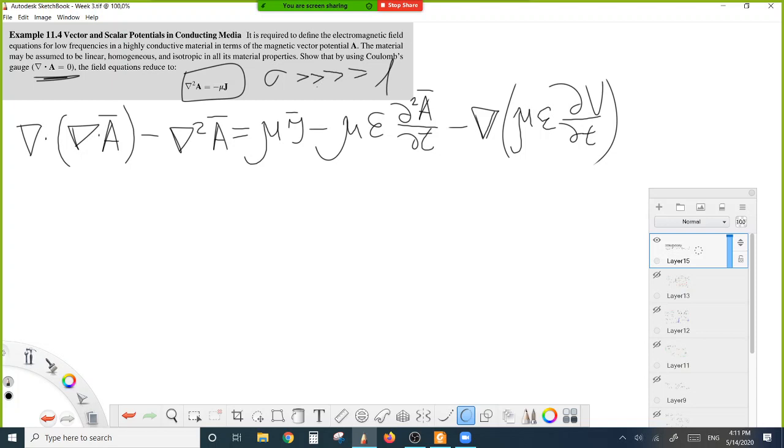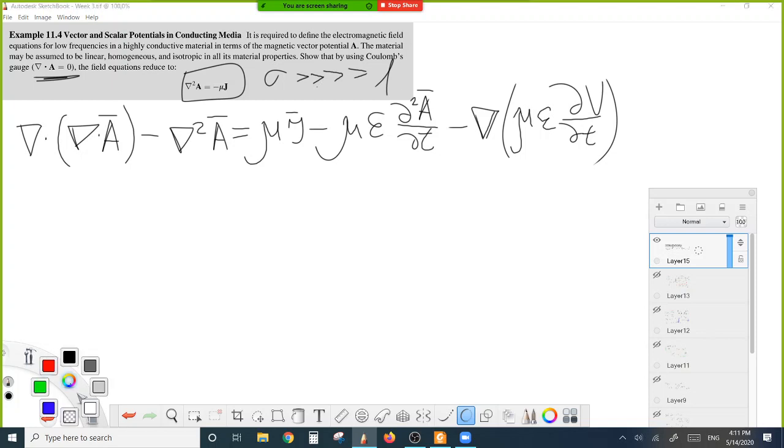So in order to simplify this equation, we have to find a way of eliminating the first term on the left hand side.